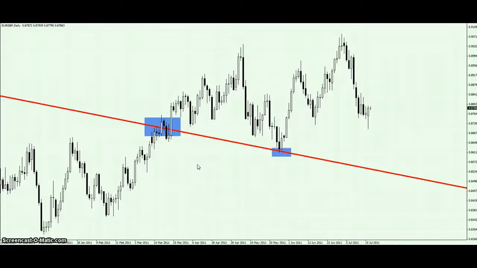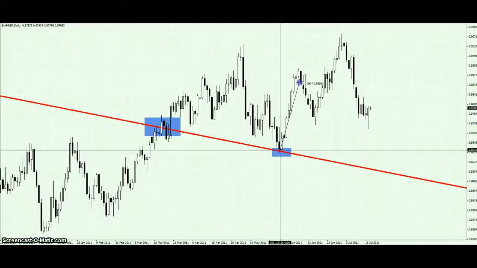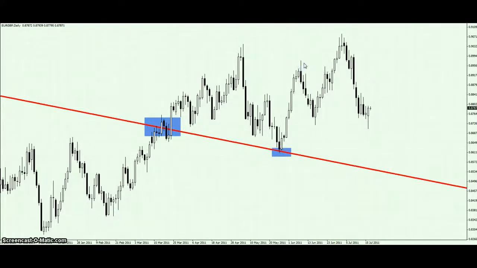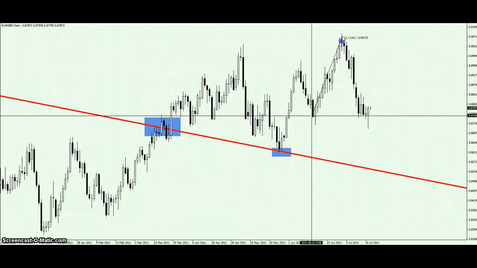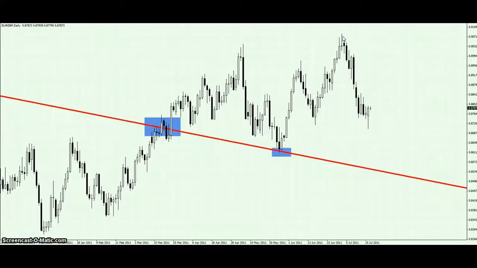After the trend line has been retested, again we see a fairly swift movement north in the first instance, almost 300 pips, and in the second wave an additional 300 pips.